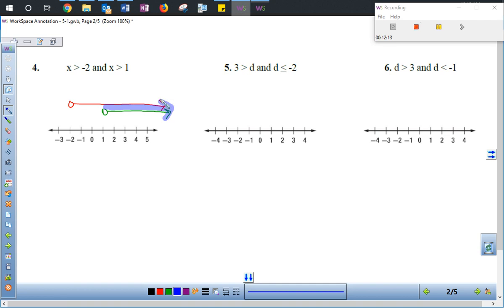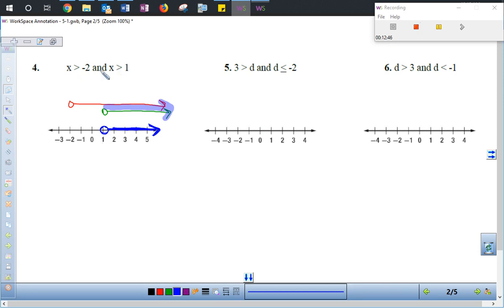Since they're going the same direction, they never stop overlapping. So if I want to graph where they're overlapping, I'm going to come down to my number line and put an open dot over 1 because that's where they started. Then I follow the highlight, and I end on an arrow, so I'm going to have to draw an arrow. That means that all of the numbers greater than 1 will suffice.